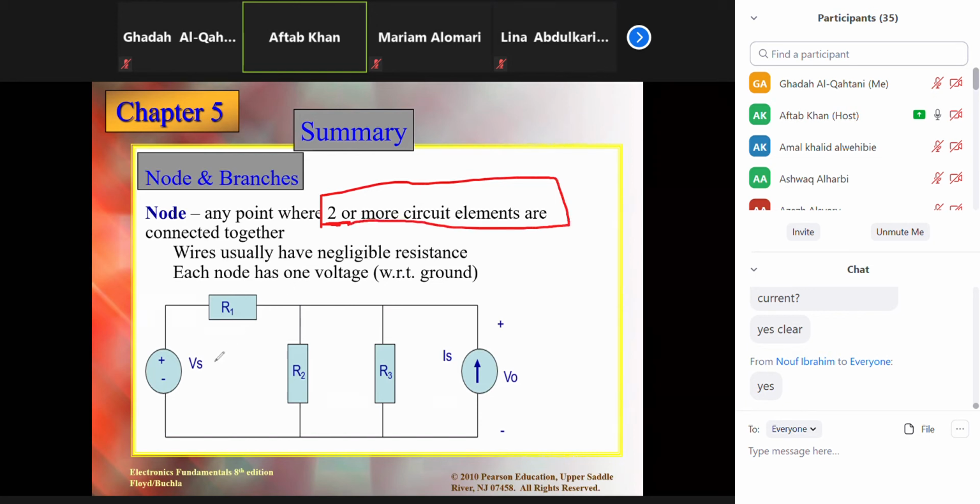What are the elements? Voltage source, resistors, this is also resistance, this is also resistance, this is a current source, this is a voltage source. So find how many nodes are there and also how many branches are there.